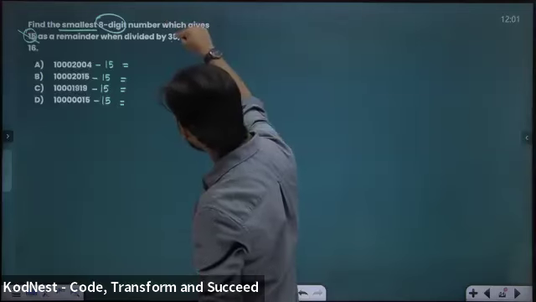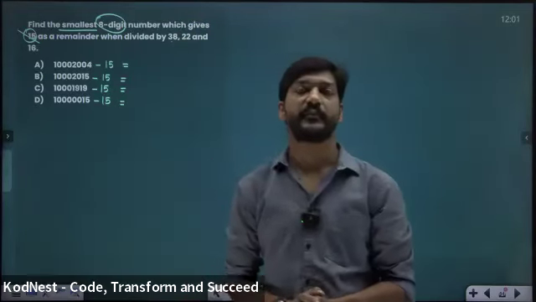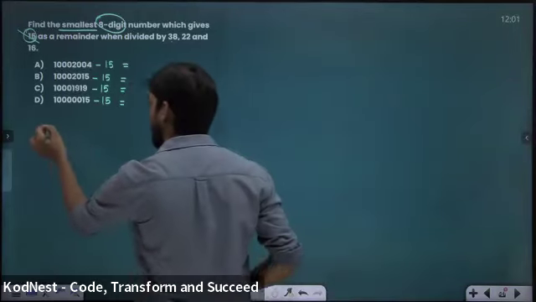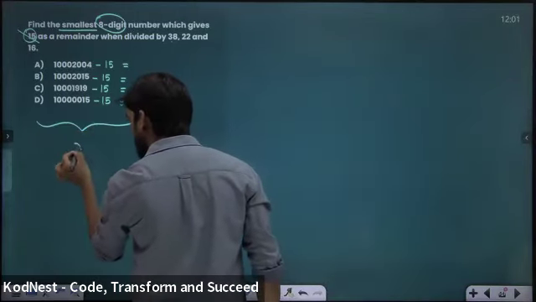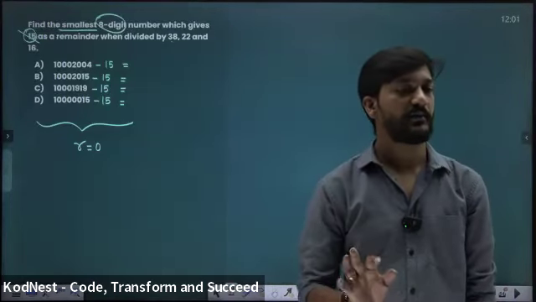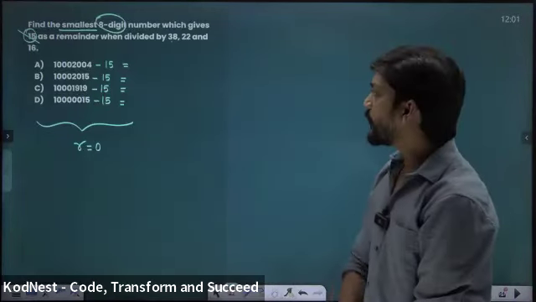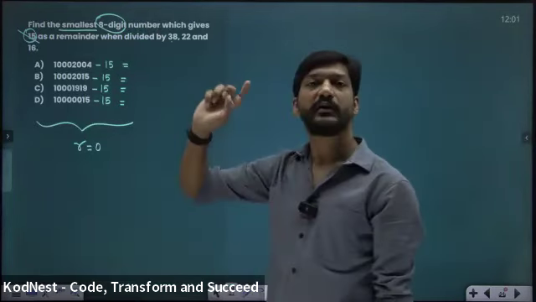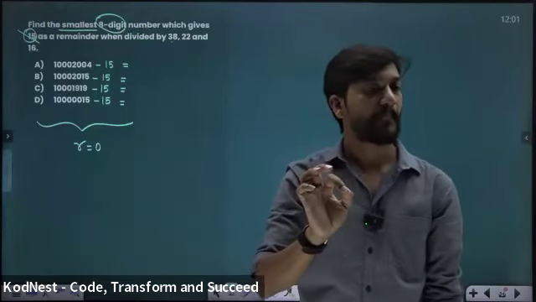Then I can check, okay, divisible by 38. Now, carefully answer. The remainder is 0. So can I check this way now? Divisible by 38. Can I check this way now?